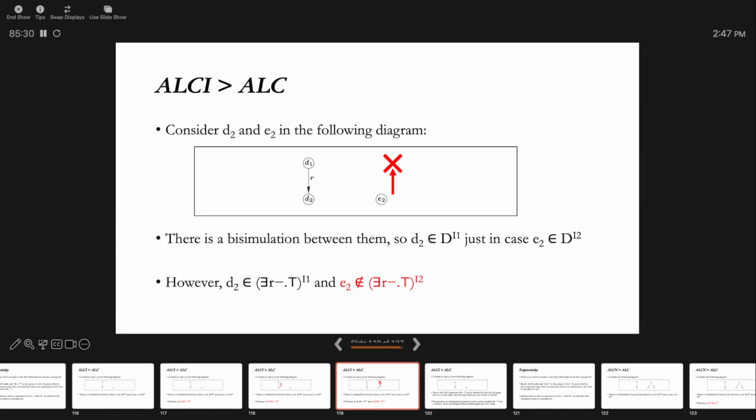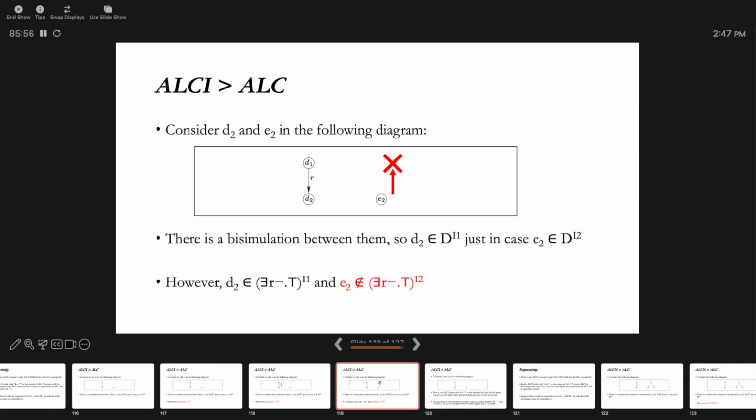Which is just to say, if you have a language like ALCI that has inverses, you can distinguish these two cases. Because you have inverses, from D2's perspective, you can say something's looking at me. It's the inverse of R. You can't say that of E2.